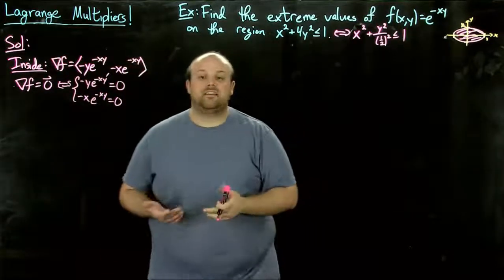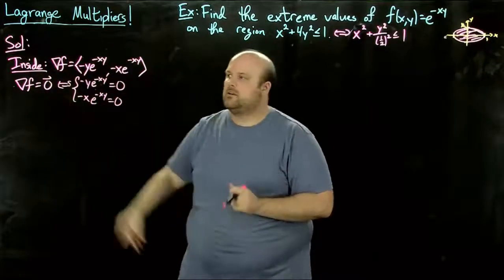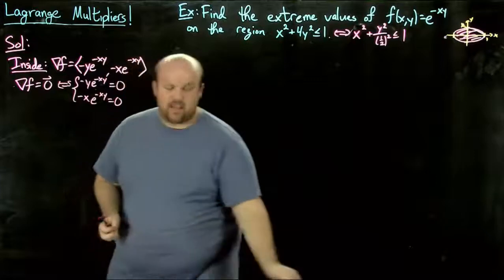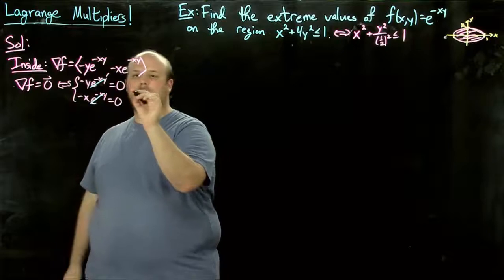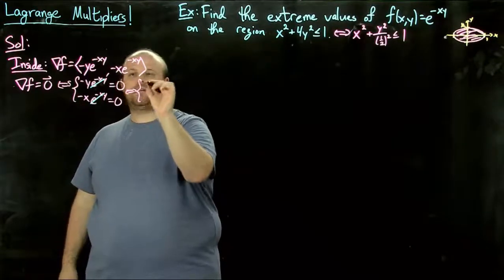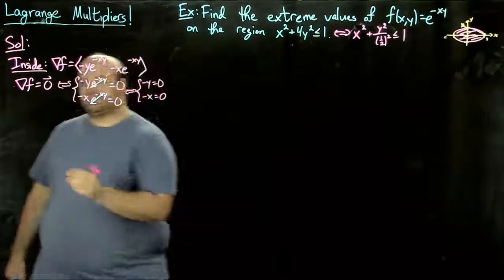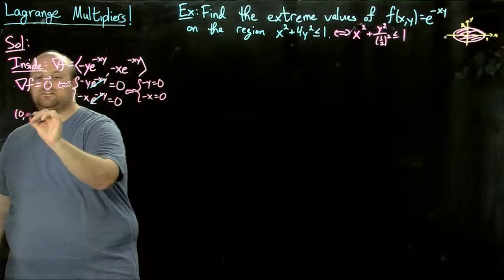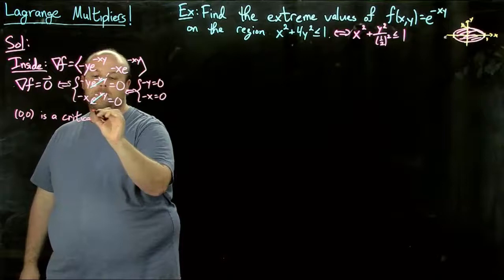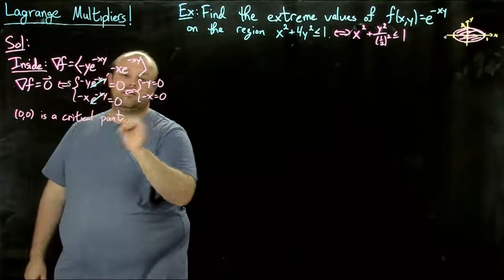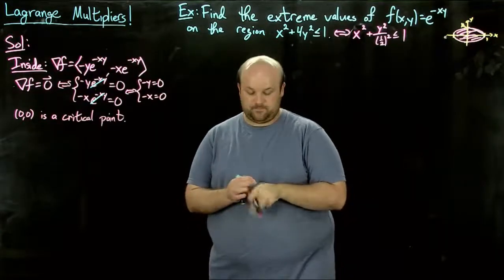Well, an interesting thing here is e to whatever you want is never 0. So we can divide out this part from both equations and get simply minus y is 0 and minus x is 0, which in other words tells us (0, 0) is a critical point. So this is a point we should keep our eye on. That might be one of the extrema.